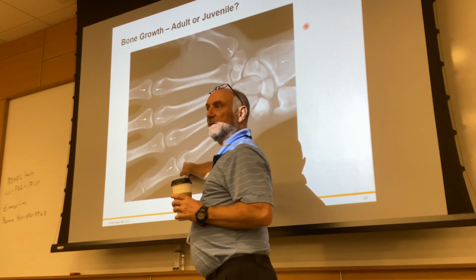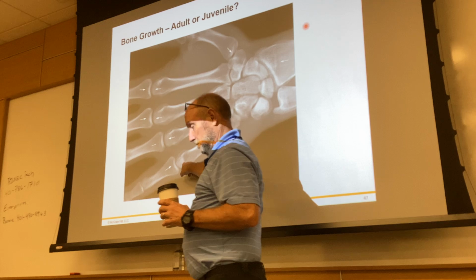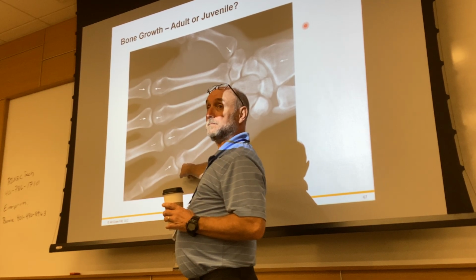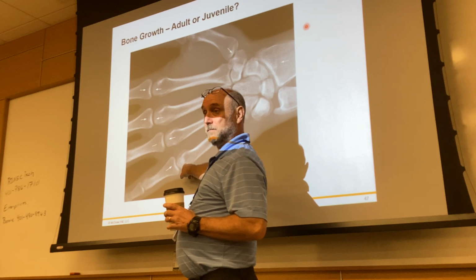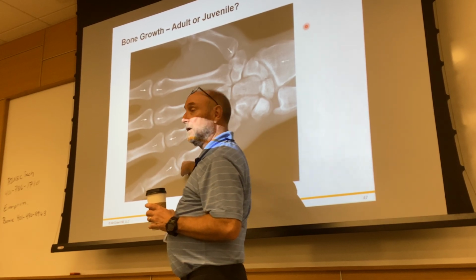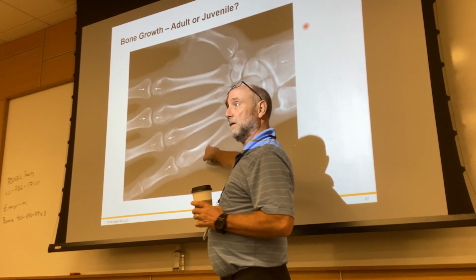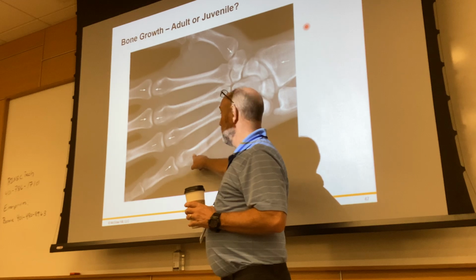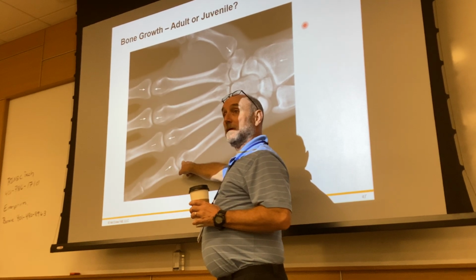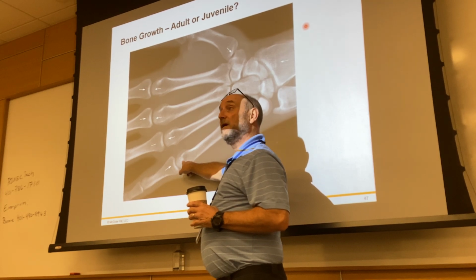What area of this metacarpal would this be? Are you pointing towards the articular cartilage? The articular cartilage would be right here. So what area of this metacarpal would that be? Diaphysis. And what area is that? Epiphysis. Which one?